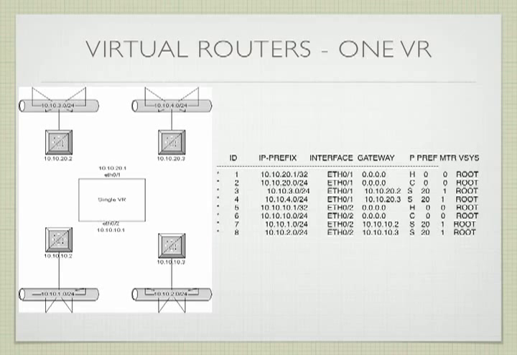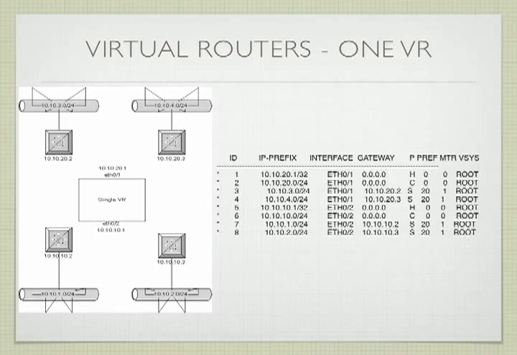And then that brings us to the next column. We have the letters H and C. H for host, because it's a /32, and C for connected, meaning it is a subnet that is directly connected to this device.